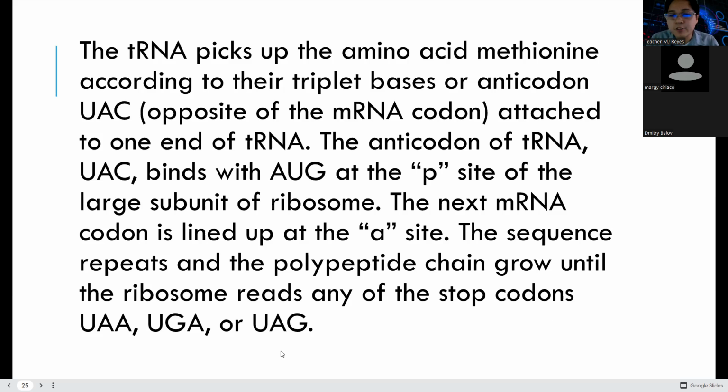Please take note of the stop codons. We have UAA, uracil adenine adenine, UGA, uracil guanine adenine, or UAG, uracil adenine guanine. Okay, please take note of this because this will come out in your exam. Okay, this will come out also in your activities. A lot of your activities are with this.